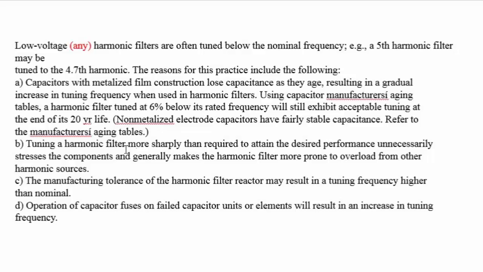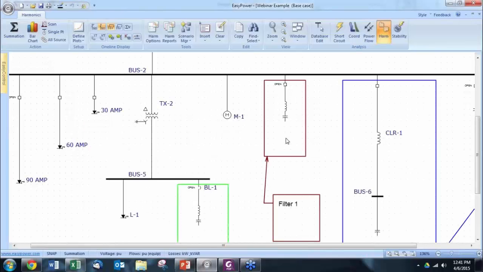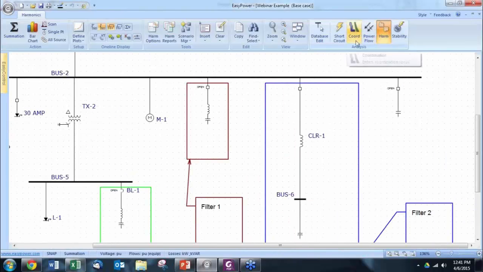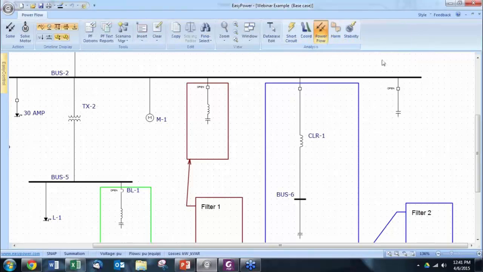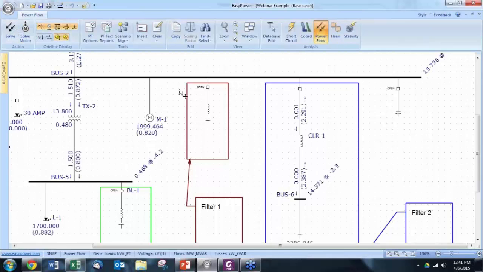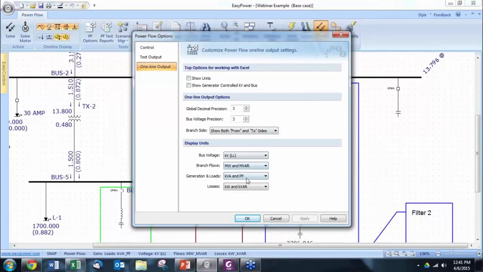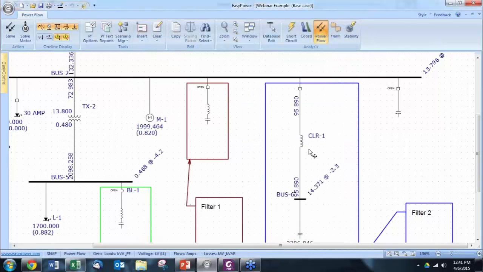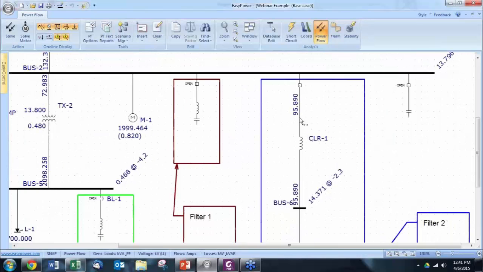Tuning a harmonic filter more sharply than required will draw more current. Check this out. When I run the power flow, this filter is tuned precisely to the fifth harmonic, and it draws 95.89 amps.